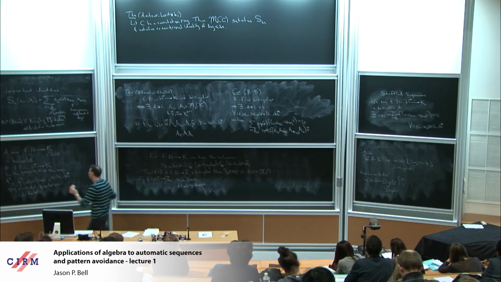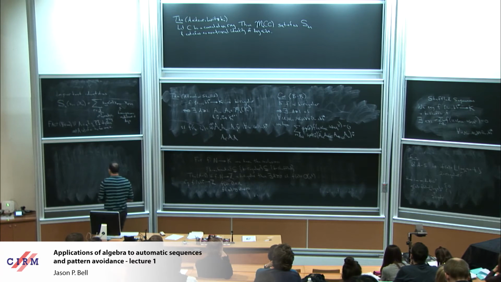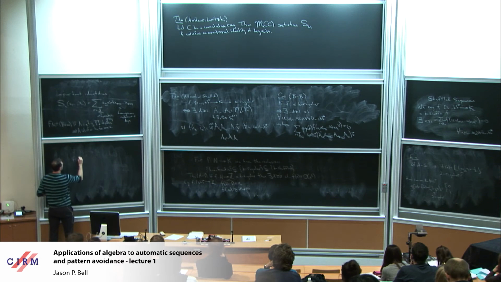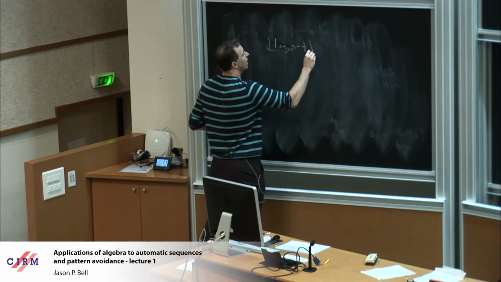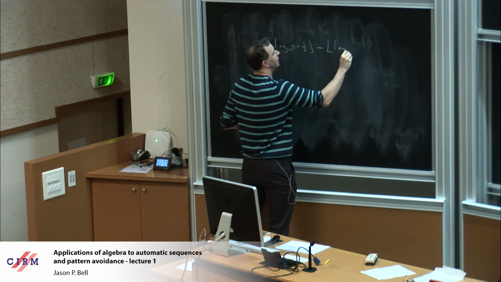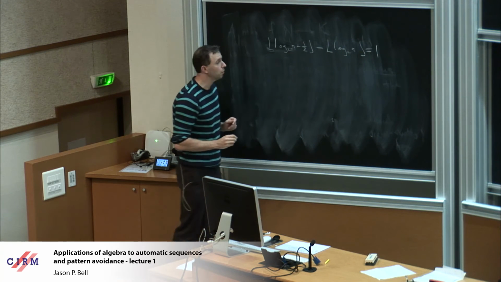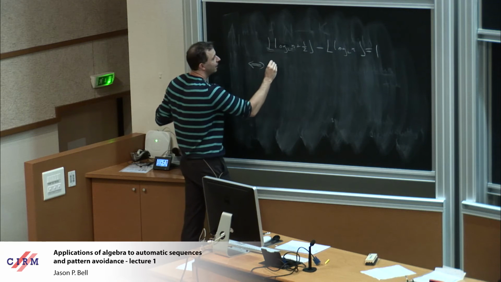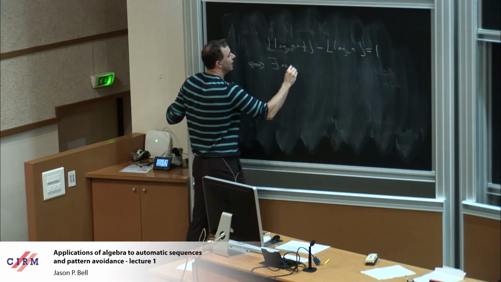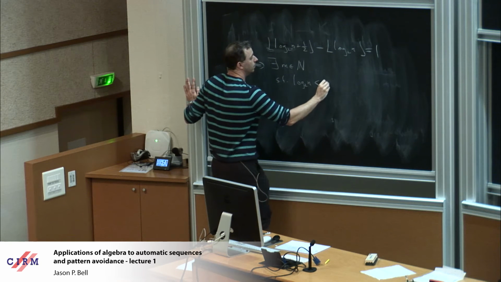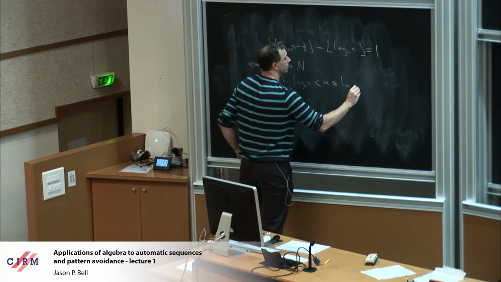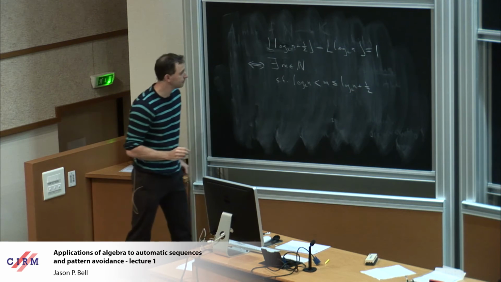And if I think about when it is 0 or 1, it's not hard to see what's going on. Notice that if I want to know when f(n) is equal to 1, that's if and only if there exists an m so that I get this.